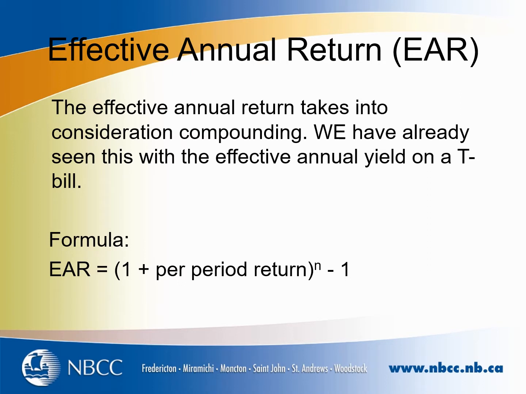So the effective annual return using compounding is calculated as 1 plus the rate of return for the small holding period, to the power of n, where n is the number of holding periods in a year, minus 1.